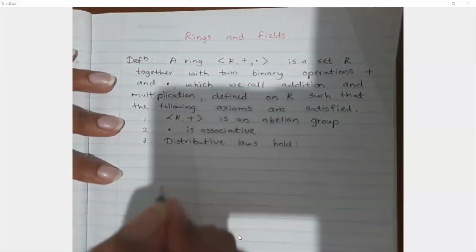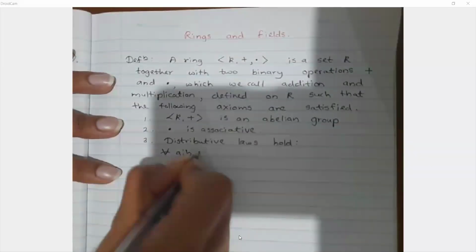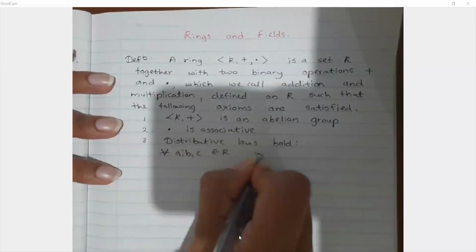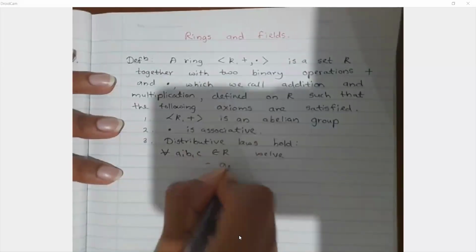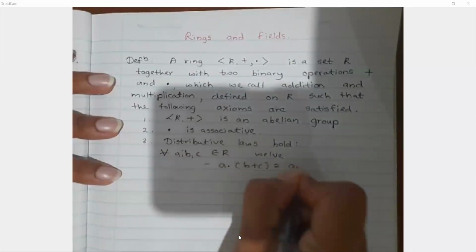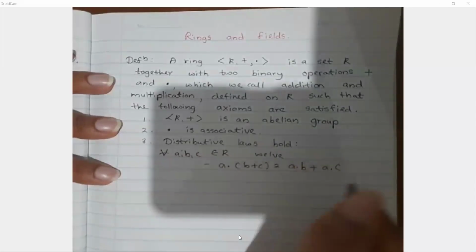If I write them out, for all a, b, c that you take from this set R, we must have a times (b plus c) equal to a times b plus a times c, right?